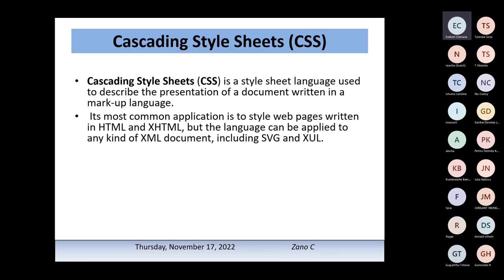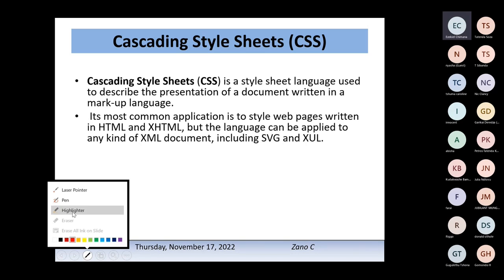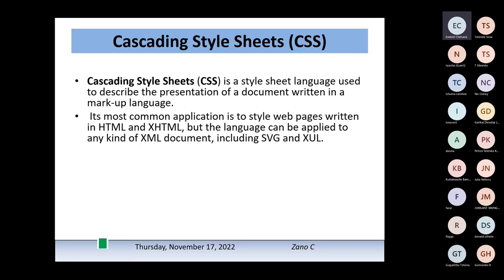So its most common application is to style web pages written in HTML and XHTML, but the language can be applied to any kind of XML document, including SVG and XUL.